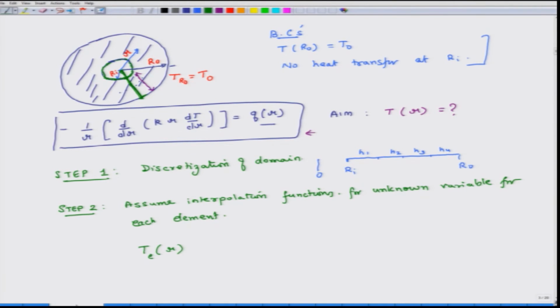The value of e will be 1 for the first element, 2 for the second element, 3 for the third element.